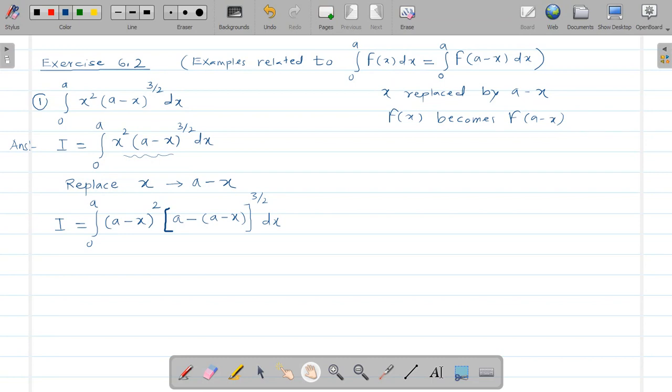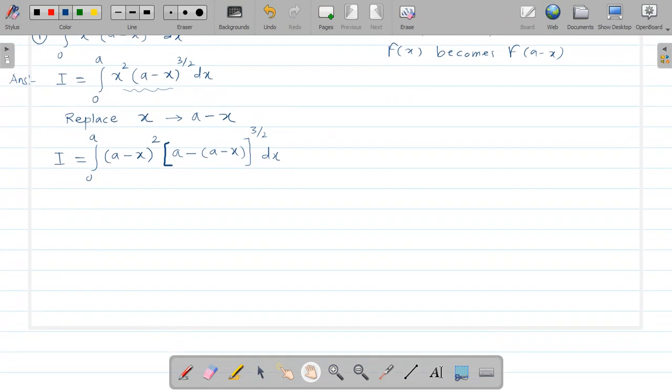After changing the original integration, you will get the simplified form. So it becomes integral 0 to a of bracket a minus x square, and in the other bracket, a minus a gets cancelled and hence you get x raised to 3 by 2.